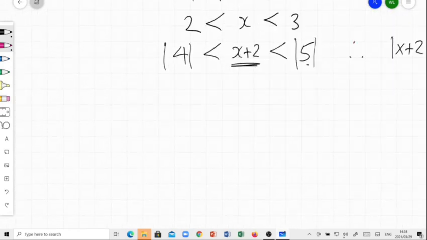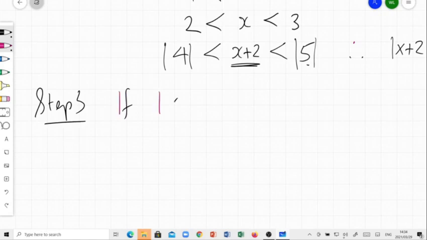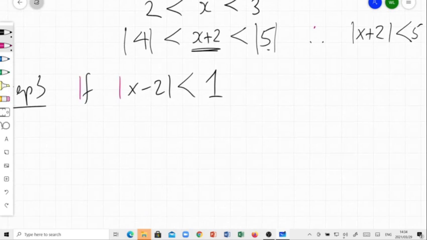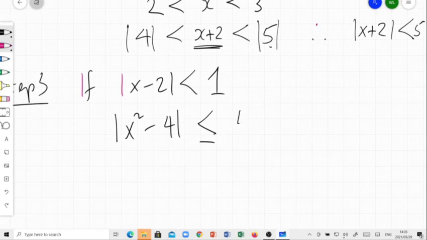So step 3. Remember that I made my x's always within distance 1 of 2. So if x is within distance 1 of 2, then I can write x squared minus 4 as a multiple of x minus 2, because this guy is equal to x plus 2 times x minus 2.